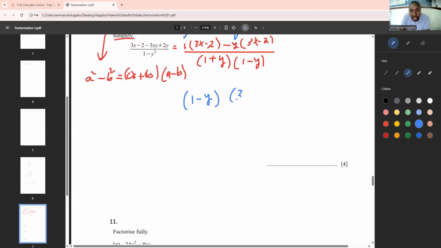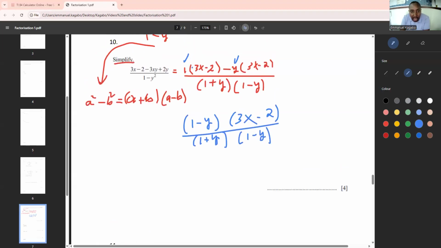Bracket 3x minus 2, right? All of this over 1 minus y, or 1 plus y, doesn't matter whatever I write, because it's multiplication. And then here, 1 minus y, okay? Now, I finished factorizing. I hope you understand what I did here.